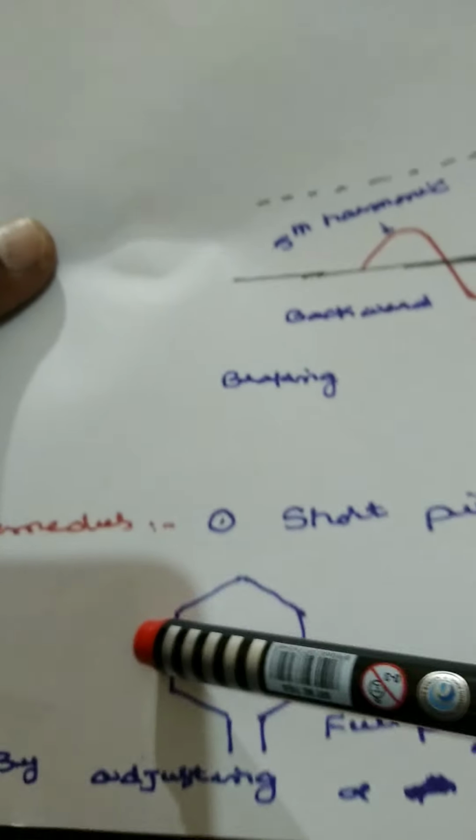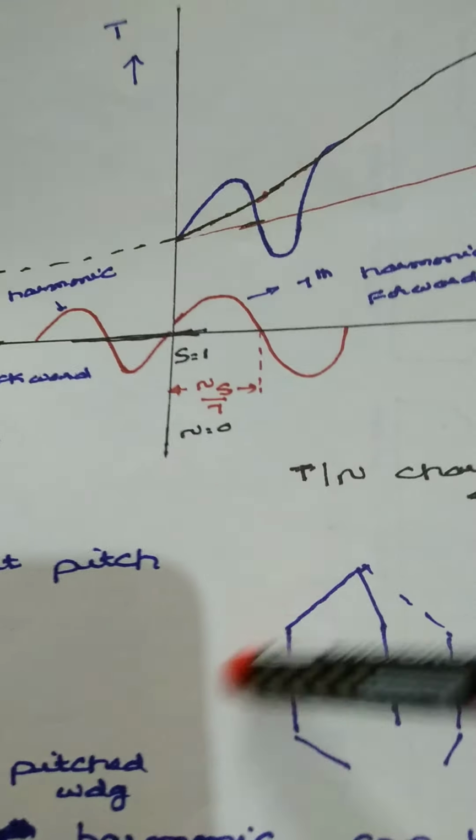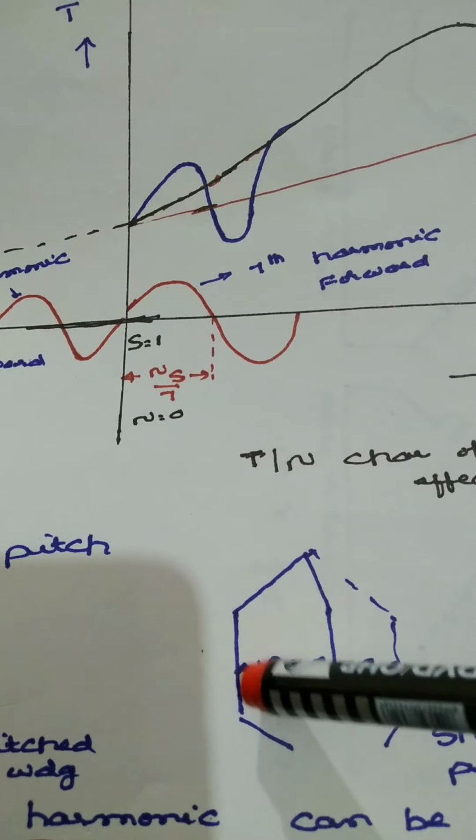So how to overcome this phenomenon? If we eliminate the harmonic, then this problem can be eliminated. I think you already studied in the alternator that the winding is full pitched if it is 180 degrees apart, and then you can make it short pitched by an angle alpha. If you make it short pitched by an angle alpha, then you get a derivation.